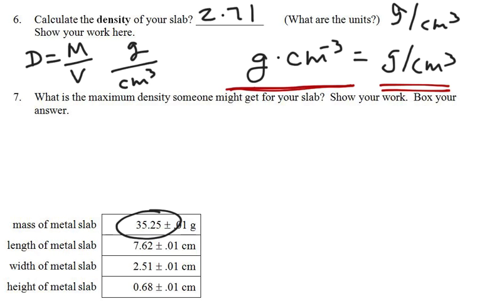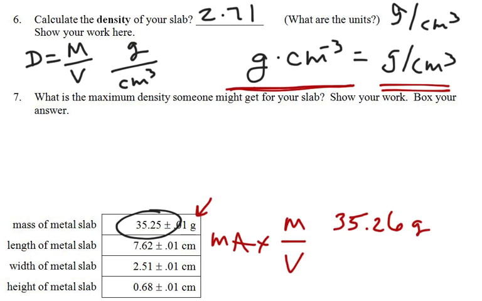So what's the maximum density? Now we go back to that same idea. For the maximum, if we're talking about mass over volume, we want the largest mass we could possibly have. Going back to our data, some people might measure 35.26, adding the 0.01.